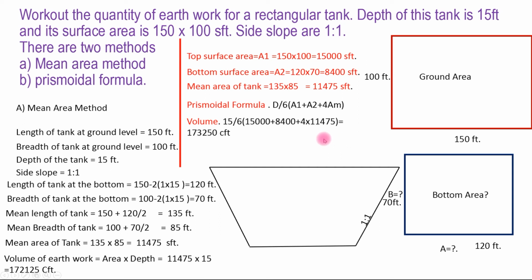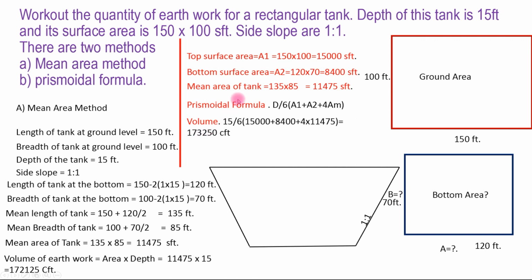Volume: we put the value 15, which is the depth, divided by 6, times 15,000, the top surface value, plus 8,400, the bottom surface value, plus 4 into the mean area. Here it is 173,250 cubic feet, the volume of the underground water tank.